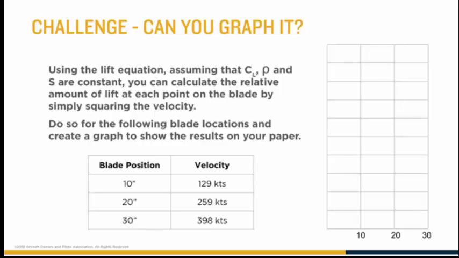If we square the 20 inches, 259 knots, we'd be at 67,081. And at 30 inches, we'd have 398. If we square that, we would have 158,404. So it kind of gives you a good idea of this exponential growth that we're talking about.